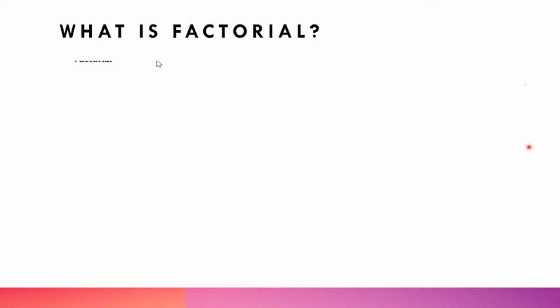We often come across products of the form 1 times 2, 1 times 2 times 3, 1 times 2 times 3 times 4, and so on. Instead of writing all the factors of such a product in full, it is convenient to use the notation factorial. This is the factorial notation, n factorial.